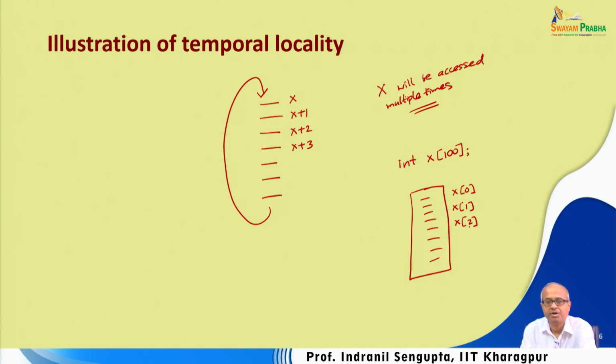Now, when you write a program which is doing some manipulation on this array, possibly inside a loop, the same set of data may be accessed multiple times. So, in the first case I am talking about accessing of instructions, in the second case I am talking about accessing of data. In both cases temporal locality may show up. Of course, it depends on the algorithm, whether you are actually using array kind of data and accessing them repeatedly. Then temporal locality can show up.